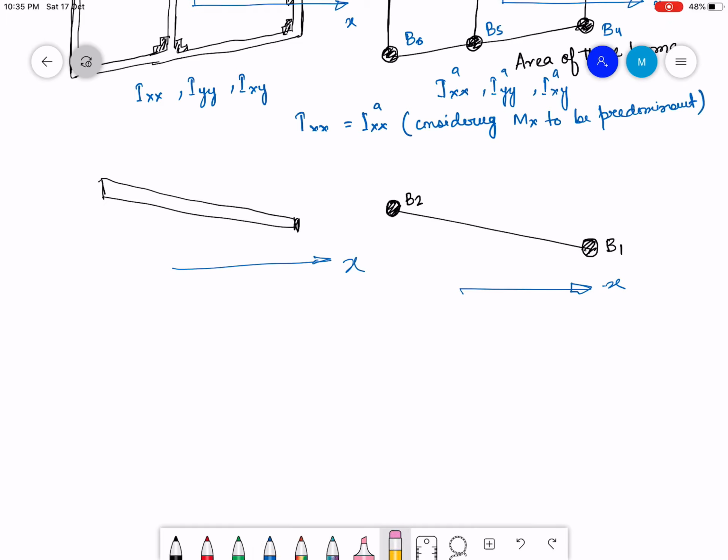Let me call this B1. Sorry, I have just moved away from our convention. So this is B1 and this is B2.